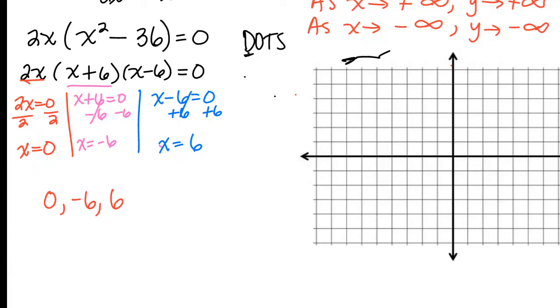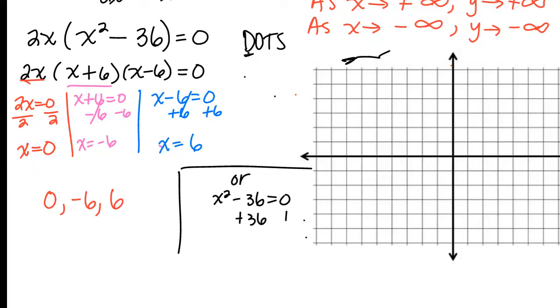But this is kind of where yesterday's lesson comes into play too. Let's say you forgot that this was dots. You can do it like we did yesterday. So I'll show you really quick, just as a reminder of what we did yesterday. So I'm going to put or. You can do x squared minus 36 equals 0. You add 36 to each side.